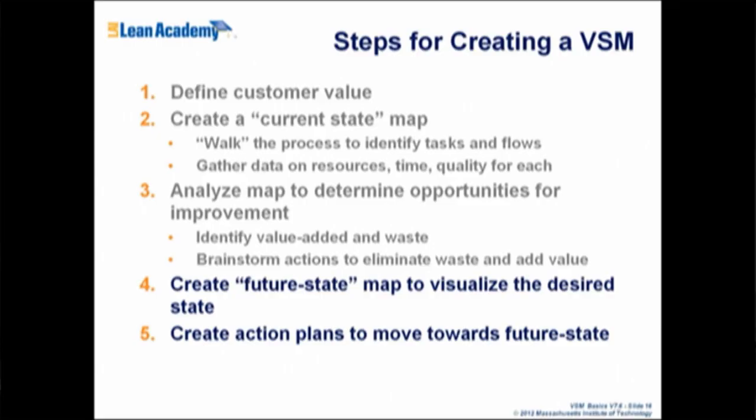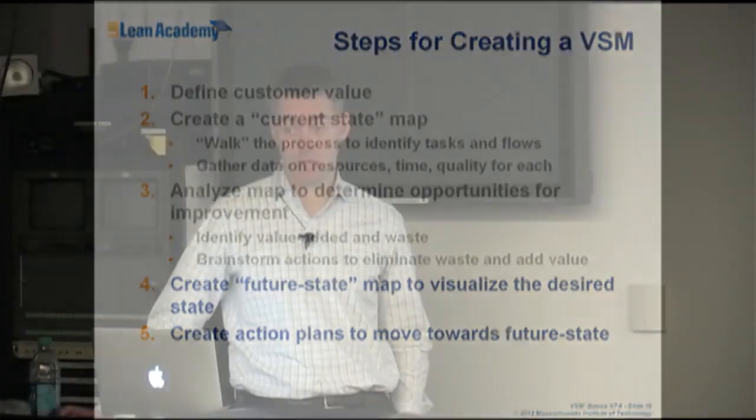Now we're down here to create a future state map to visualize how we want this to look in the future, and then create the action plan for how you're going to achieve your change. Because talk alone won't do it. So make the map, create a plan, set some deadlines, and assign some responsibilities for who's going to do what to change things.